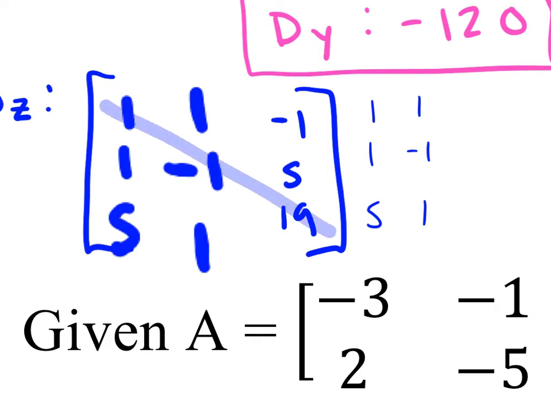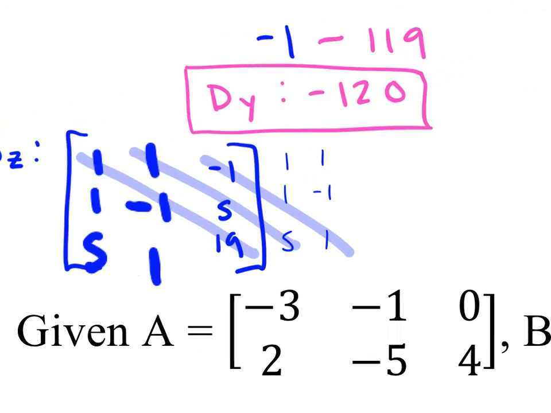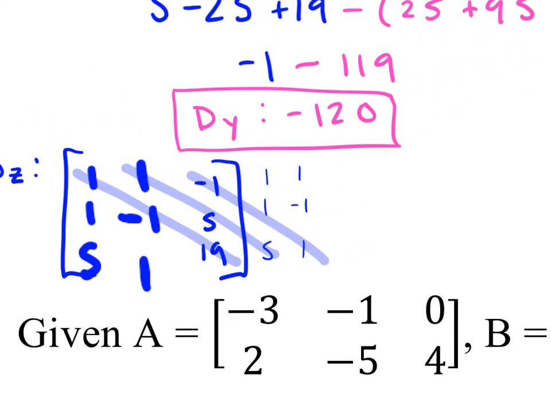So we need to find the sum of the majors. So we have 1 times negative 1 times 19, which is negative 19. 1 times 5 is 25. And negative 1 times 1 is negative 1.